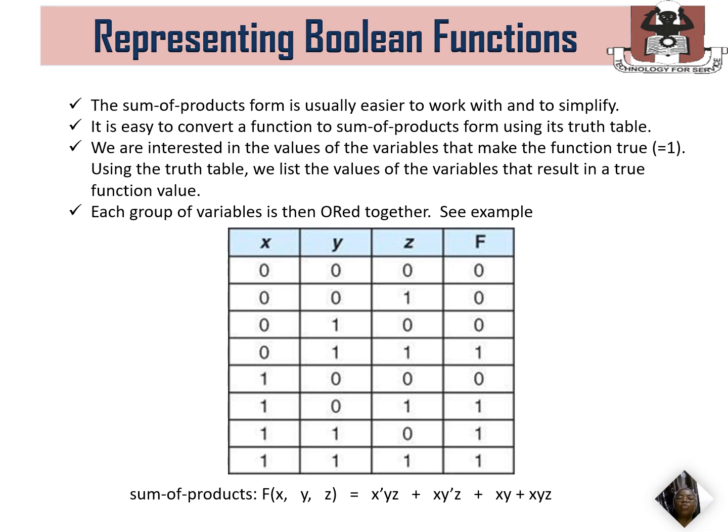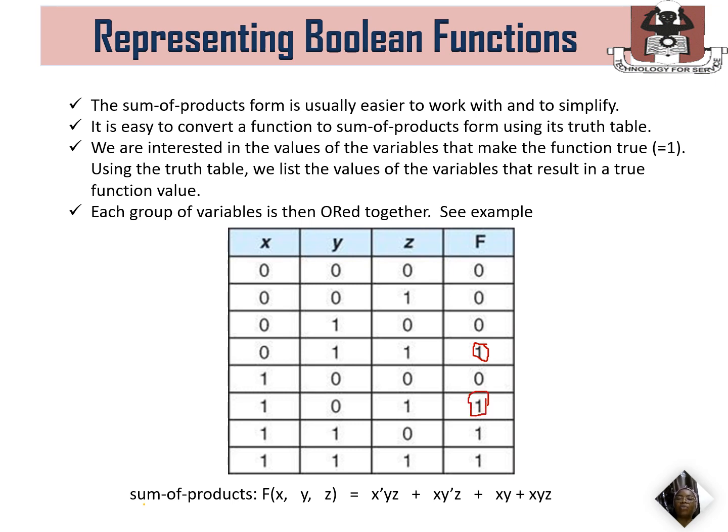Each group of variables is then ORed together, like you can see in this sum of products. Like where you circle all the ones, where you have a high output.